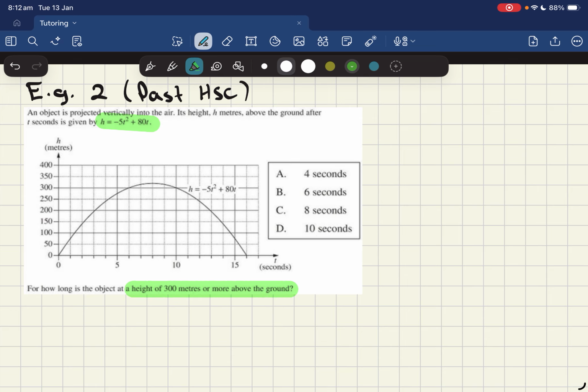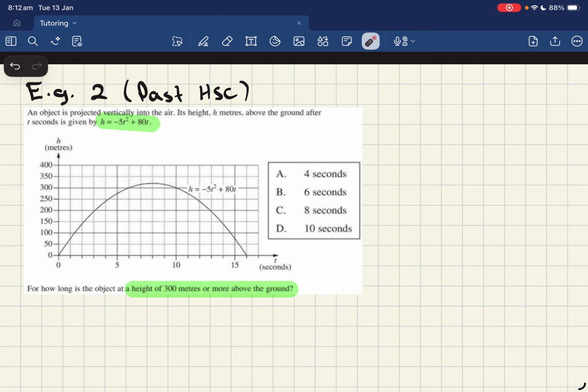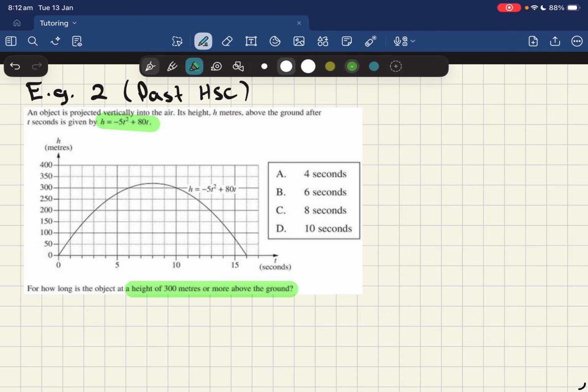It's saying, for how long is the object at a height of 300 meters or more above the ground? First, because we've sketched this with time being on the x-axis, the height being on the y, we want to find when the height is 300 meters and how long it is at 300 meters for. So I'm going to draw 300 meters along.